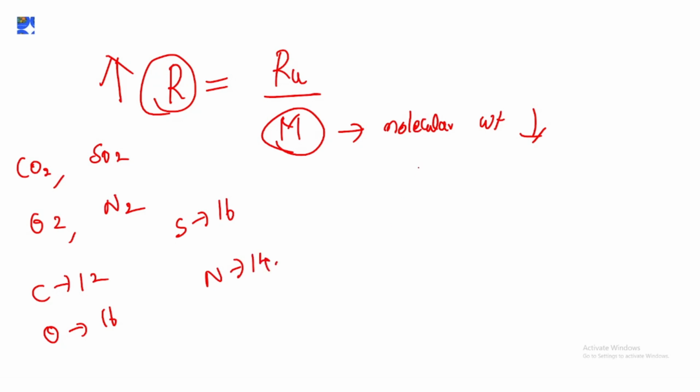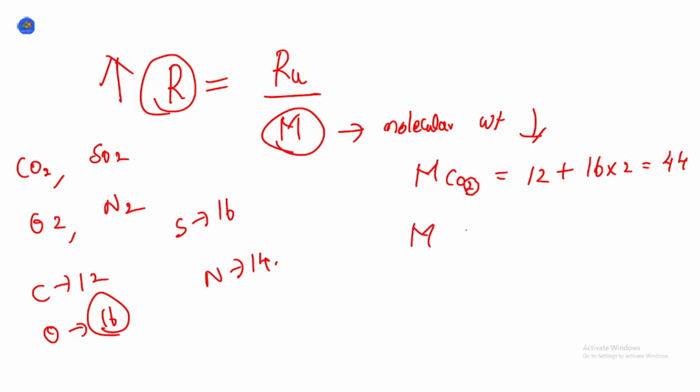Now we'll find the molecular weight of carbon dioxide: carbon is 12, and oxygen is 16 but two atoms, so 16 into 2, totally 44. Similarly, sulfur dioxide: sulfur 32 plus O2, which is 16 into 2, again 32, so it is 64.